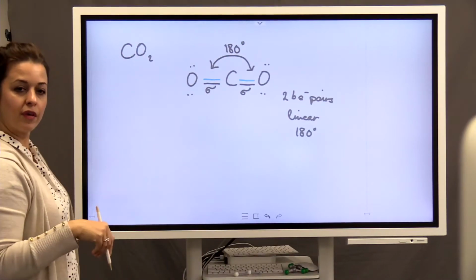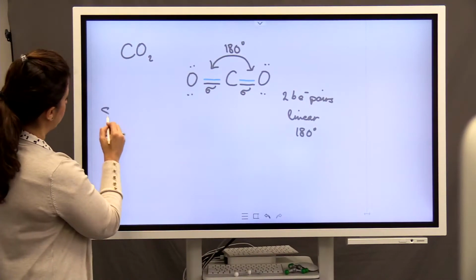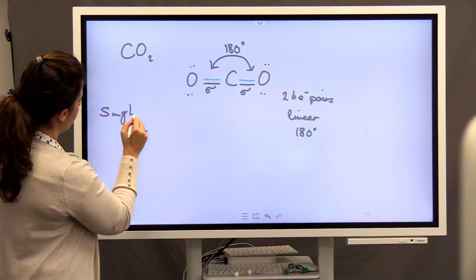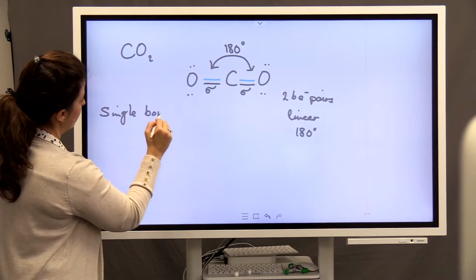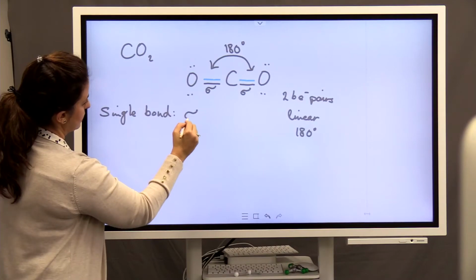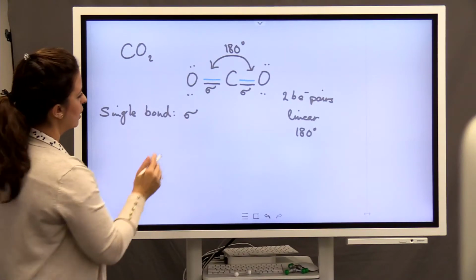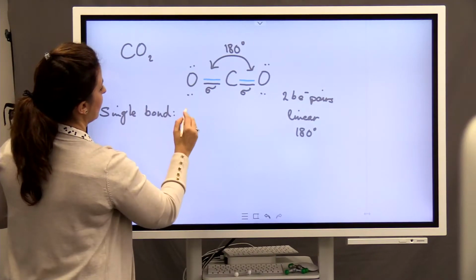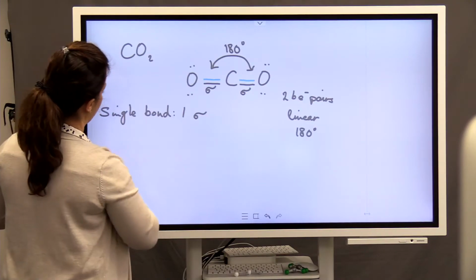So at the end of this part, let me tell you, a single bond, as we label it right now, is called sigma. This is a lowercase sigma. So a single bond has one sigma bond.